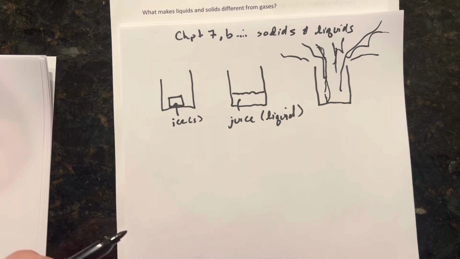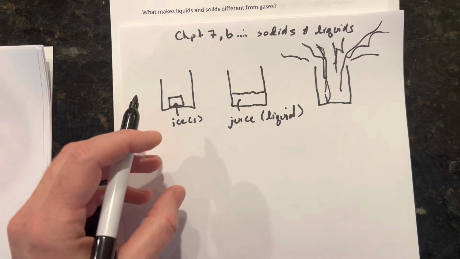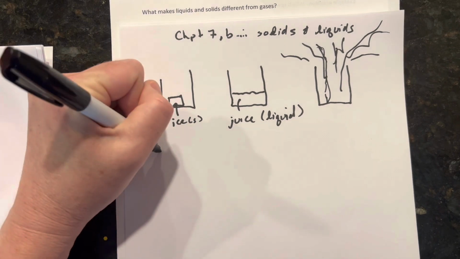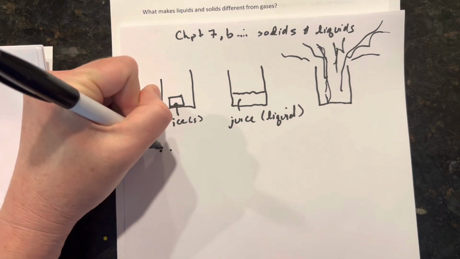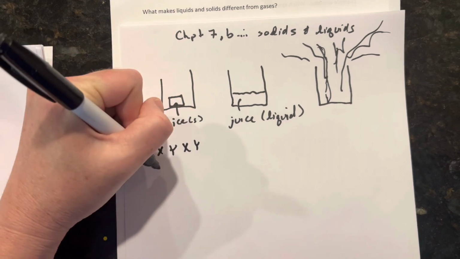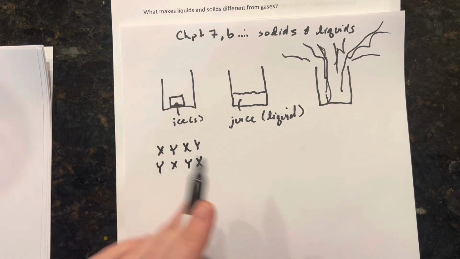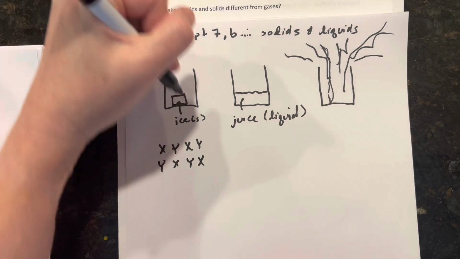And if you're in my class, we've probably already talked about this, where when you're a solid, you're these stagnant particles. So let's say we've got like X, Y, X, Y, X, Y, X. So you're a solid and you're all lined up and all pretty. If you have some kind of compound that's like XY.